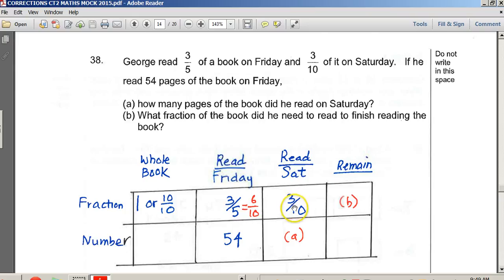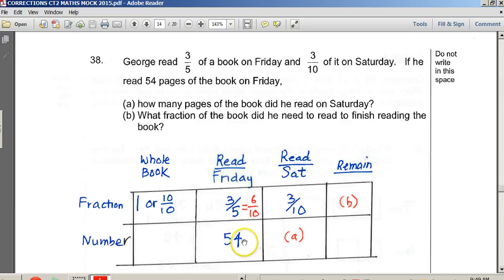Your task is to find A, the number of pages read on Saturday, and B. What is B? What is the remaining fraction left? If 3/5 is read and 3/10 is read, what is the remaining fraction? Look out for this first, and watch out, this is given.